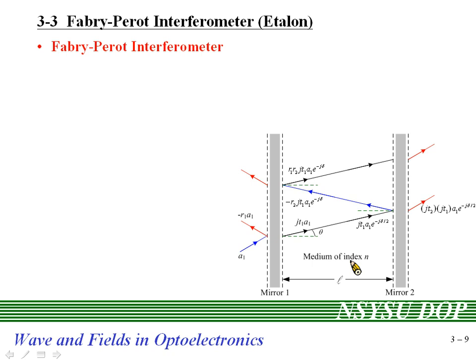The scattering matrix of mirror 1 is S1, which is written in this way. And the scattering matrix of mirror 2 is written as this.